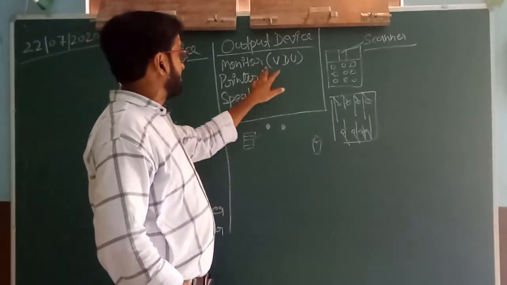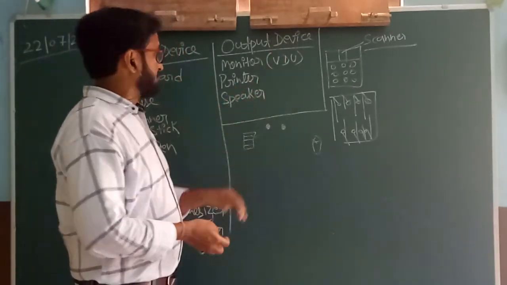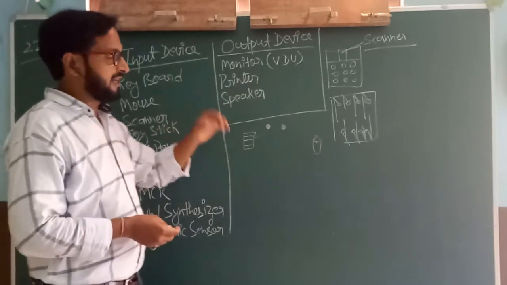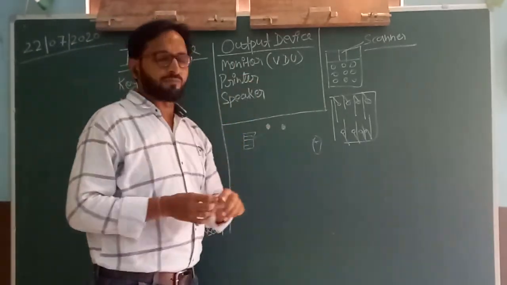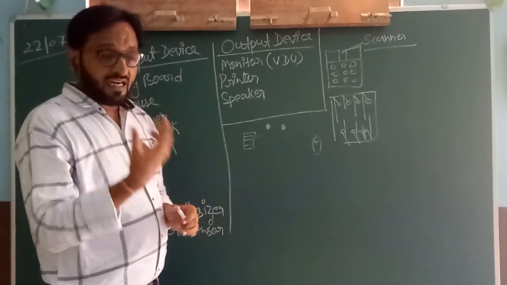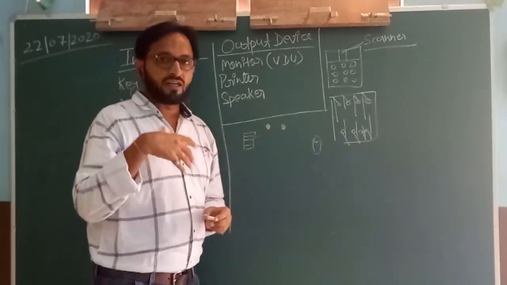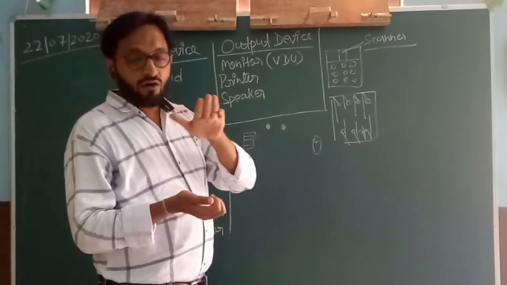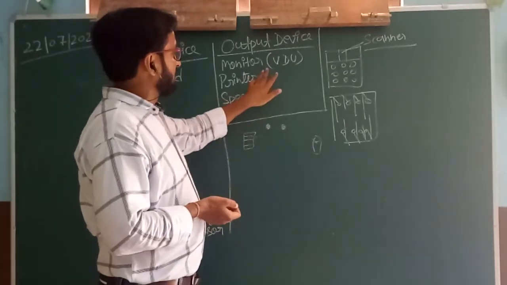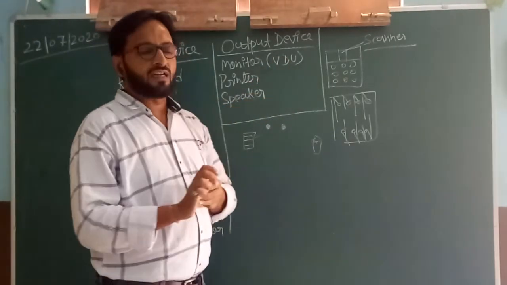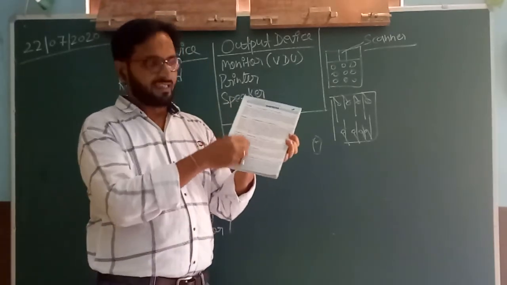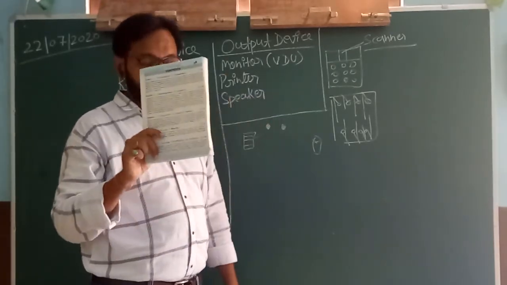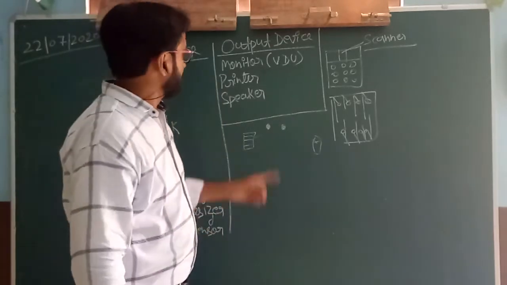The second one is the printer, which is responsible for displaying the results, but on paper. Whatever output we get on the monitor, if we want to take a print of it on paper, in that condition we have to use a printer.